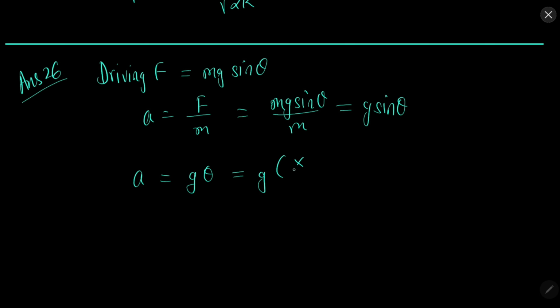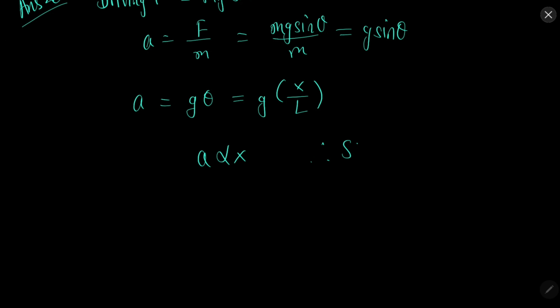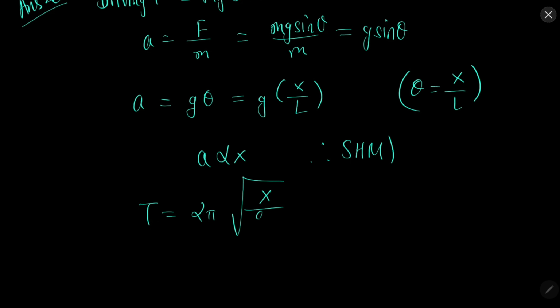So g x over L, a is proportional to x, so it is SHM. Angle is arc over radius. By the way, time period is displacement over acceleration. So it will be 2 pi root L by g.